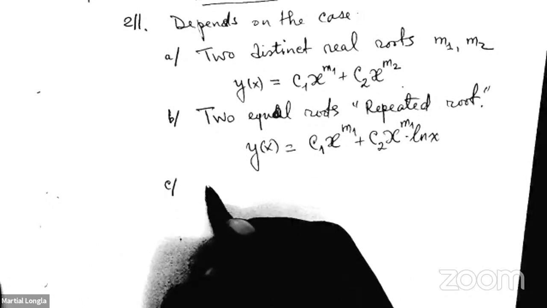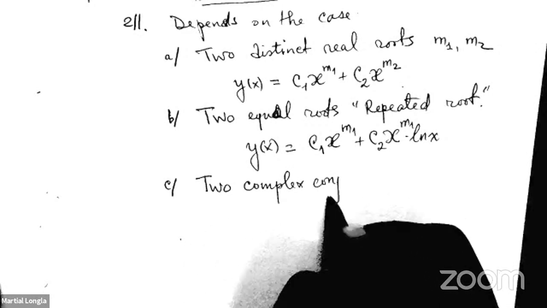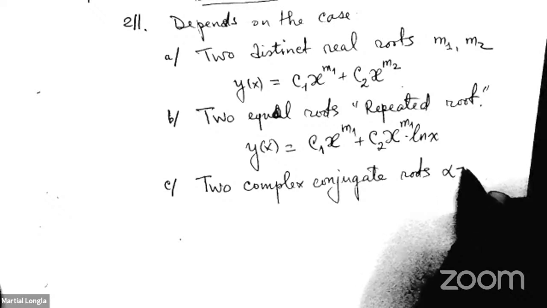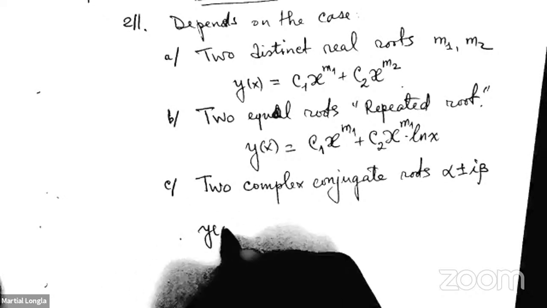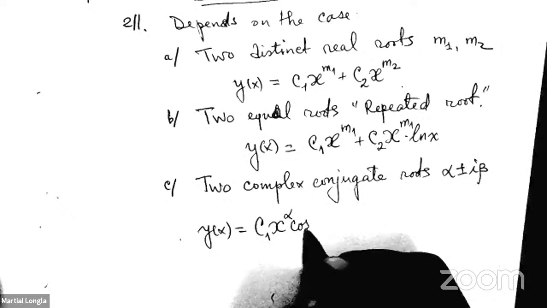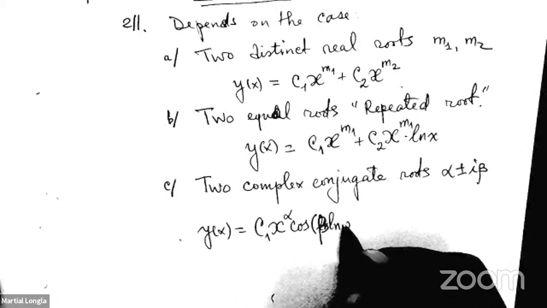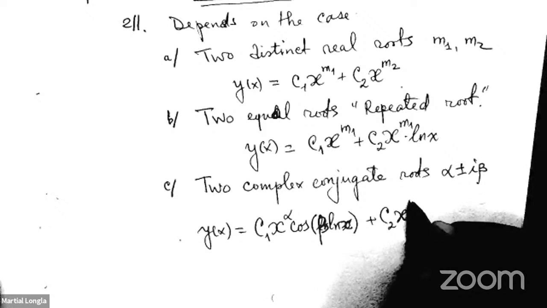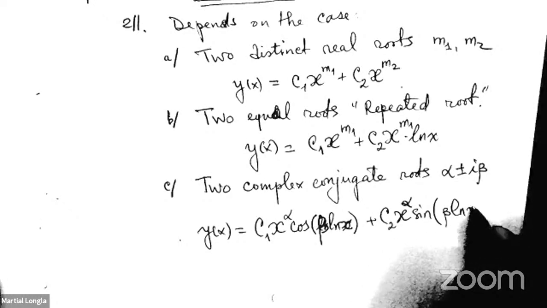And in case 3, if you have two complex conjugate roots, alpha plus minus i beta, then you get y of x equals c1 x to the alpha cosine of beta natural log of x plus c2 x to the alpha sine of beta natural log of x.